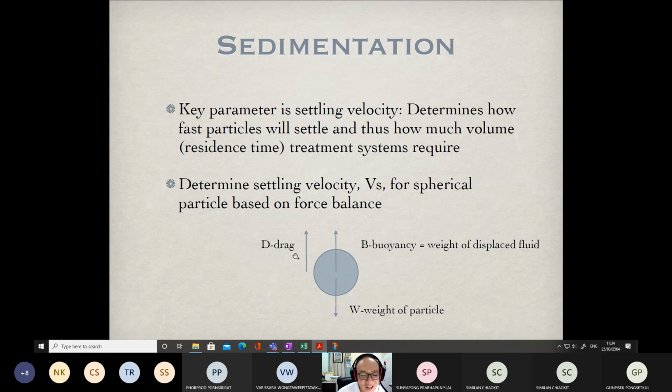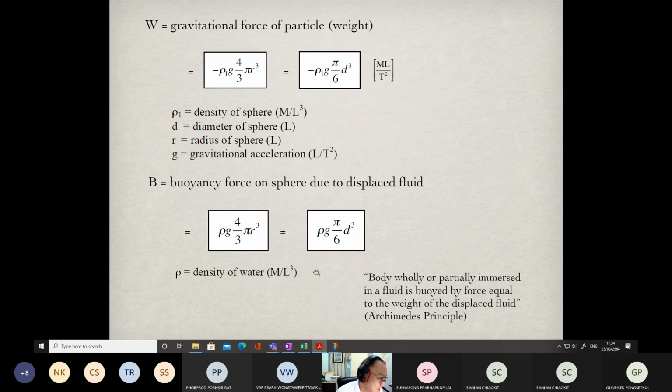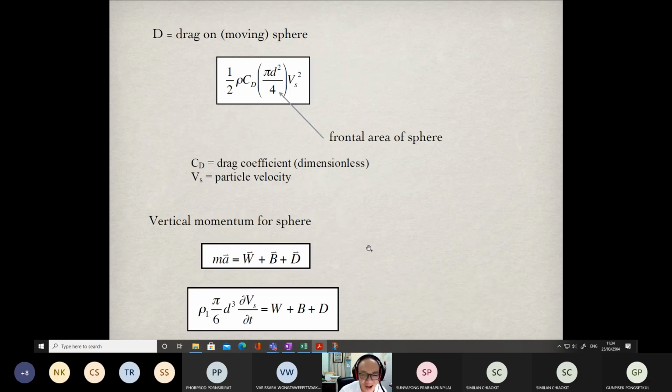When we drop objects in air or in water, the drag force will always try to hold back the objects. Like I will just show you, if I drop the paper, suppose this is the paper. If I drop this paper, there is a drag force trying to hold it. And the magnitude of the drag force depends on the frontal area.